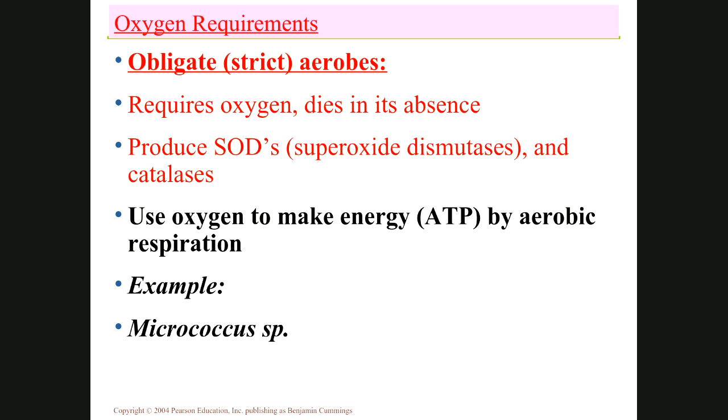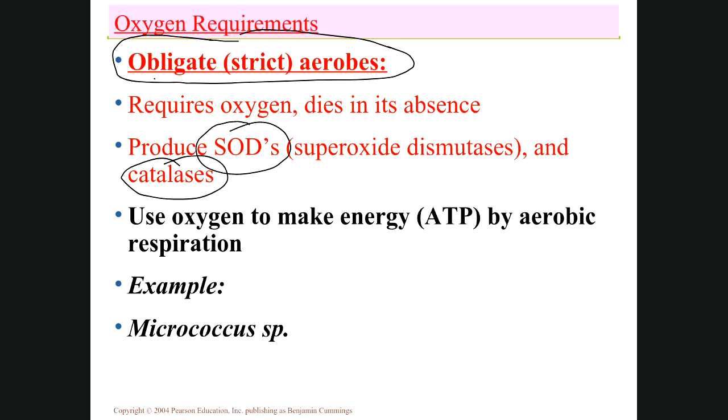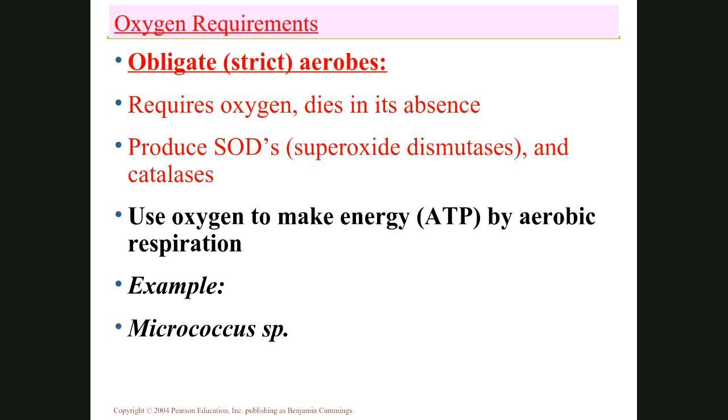Microorganisms that need oxygen are called obligate or strict aerobes. They do have superoxide dismutases and catalases. Makes sense, they live with oxygen. They use oxygen to make ATP. They have an aerobic respiration pathway, just like we do. Example, bacteria in the genus Micrococcus are strict aerobes.